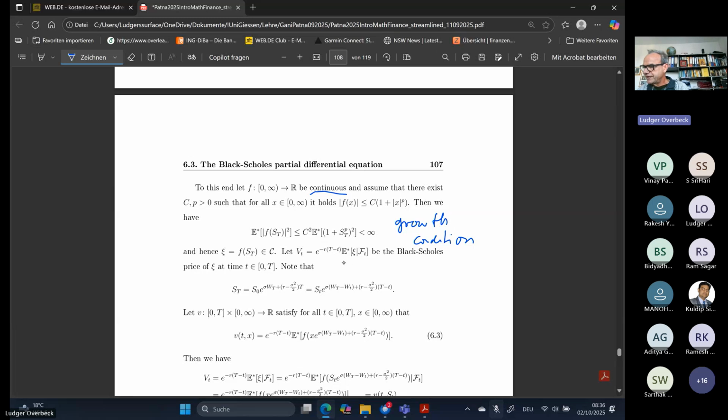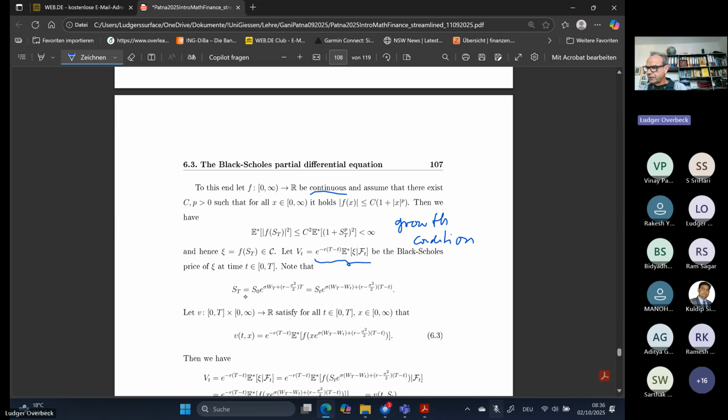And then we look at V_t, the value of the option, which is what we want to analyze. Of course, we are mainly interested in t equals 0, where V_0 is the current price.